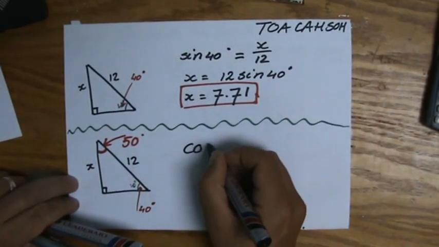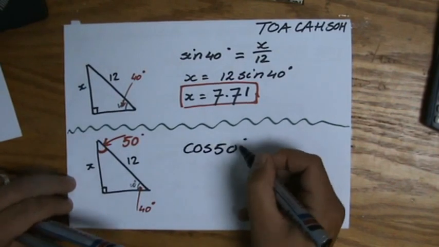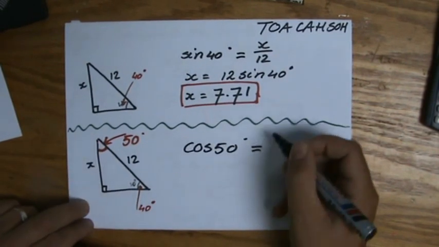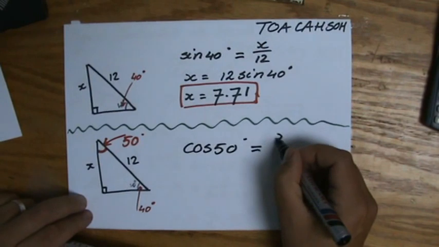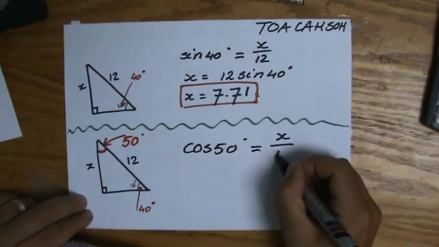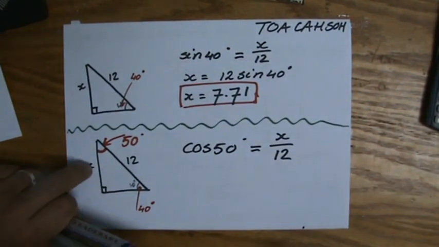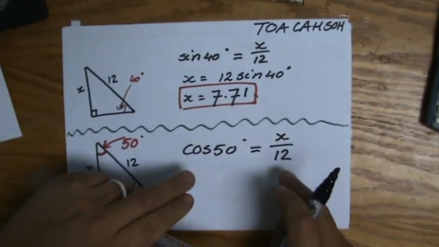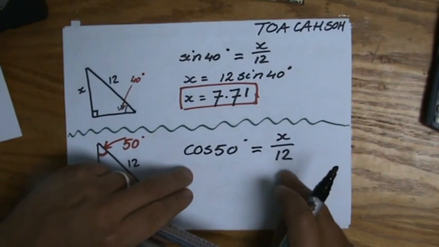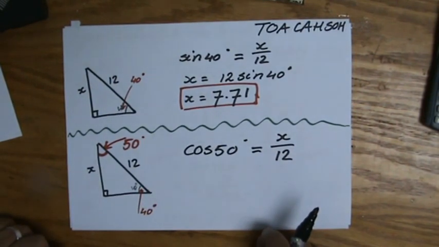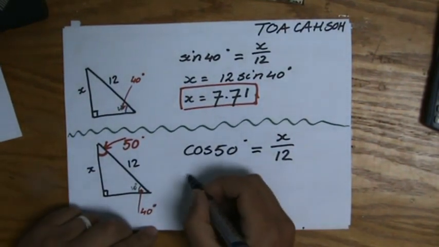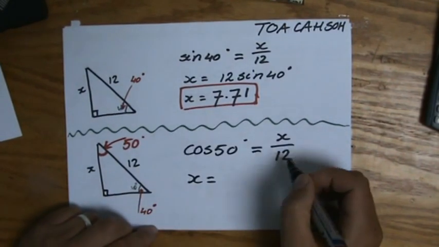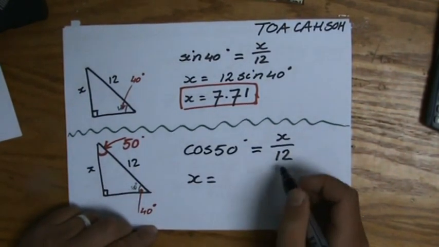So the cosine of 50 degrees, in this particular case, equals my adjacent, x, over the hypotenuse, 12. Now x didn't change, and I said it was 7.71, so this now should give me the answer of 7.71. Rearrange the formula, multiply both sides by 12 to get rid of that fraction.